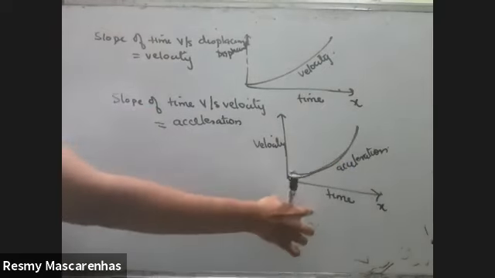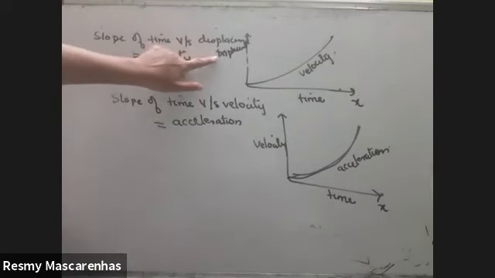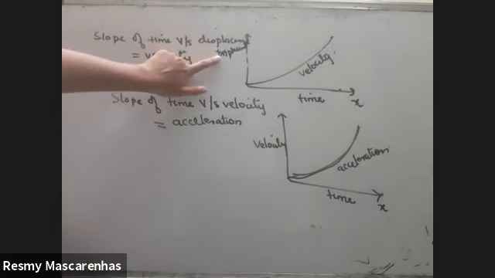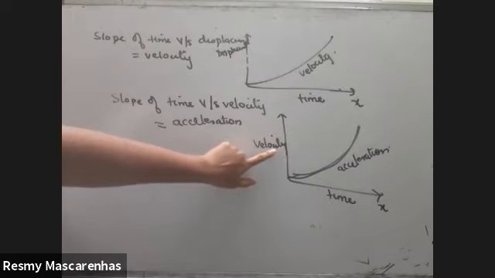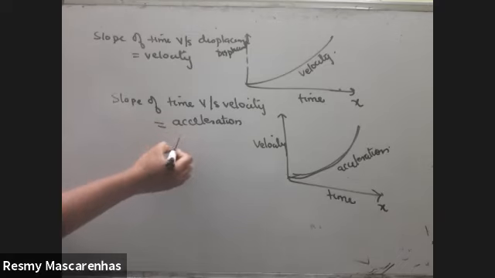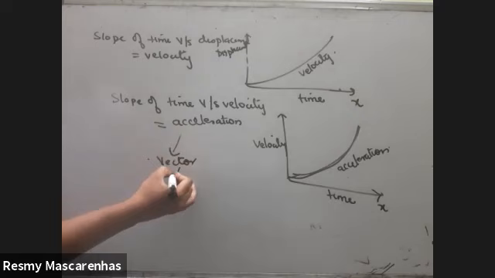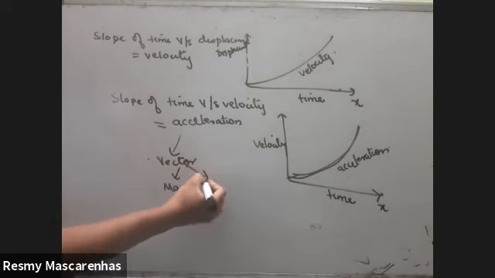Both the places it is time. But if you are plotting it with respect to distance, then it is velocity. If you are plotting it with respect to velocity, then it is acceleration. Definitely, acceleration is also a vector quantity. Why? It will have both magnitude as well as direction.